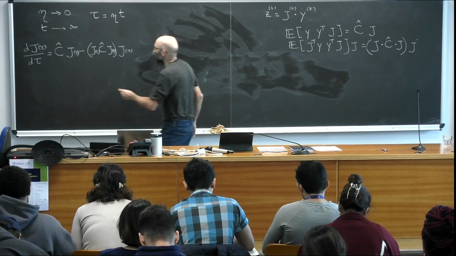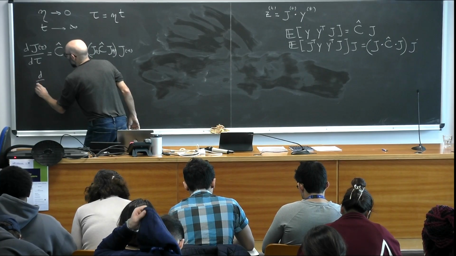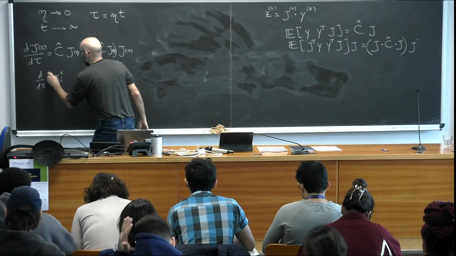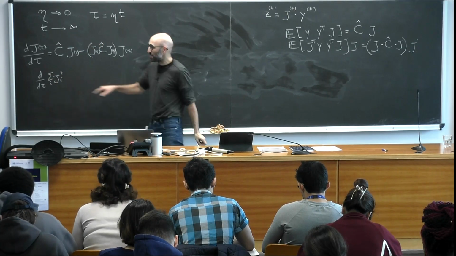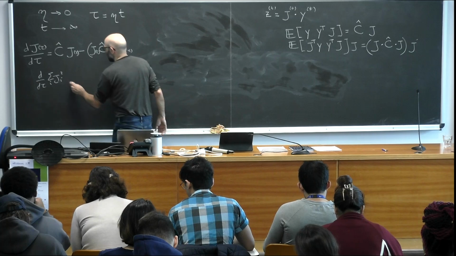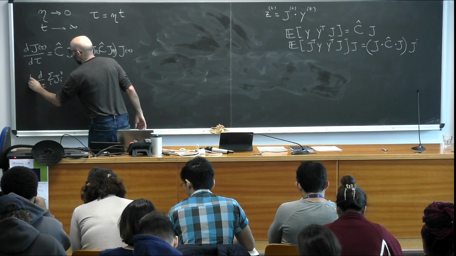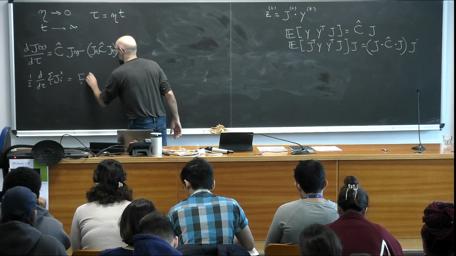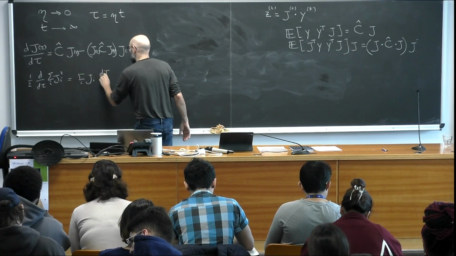If you take the derivative of the sum of ji square, which is the norm of j, you can put a 1/2. This is going to be the sum over i of ji times the derivative of ji.